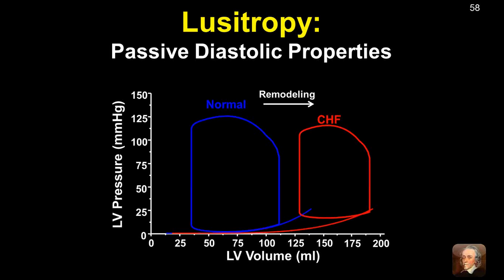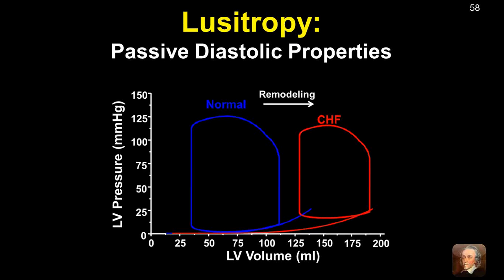It takes time to occur. For example, you can have shifts of the end diastolic pressure-volume relationship, as shown here, and this occurs very commonly in the setting of heart failure. What happens in heart failure is that when the contractility of the heart is reduced and the body's autonomic nervous system imposes neurohormonal effects and chronic elevations of end diastolic pressure, that imposes over time structural changes to the myocytes, the extracellular matrix, and the geometry of the ventricle.